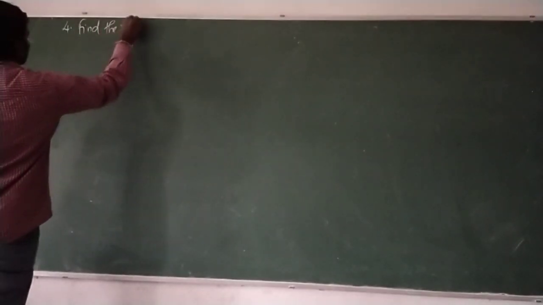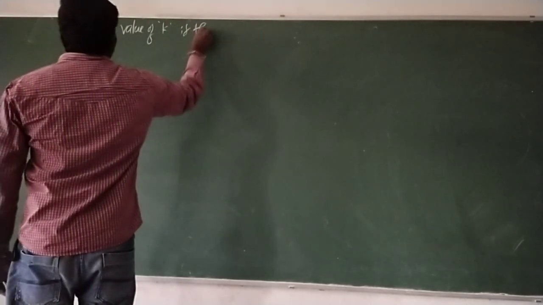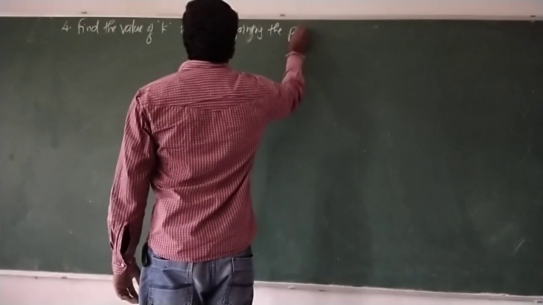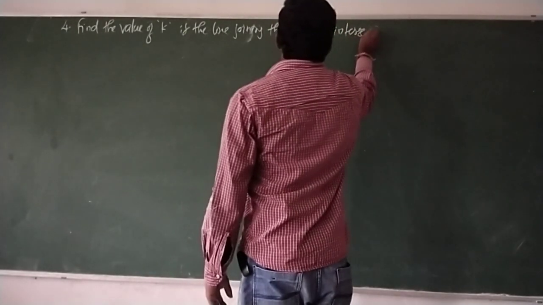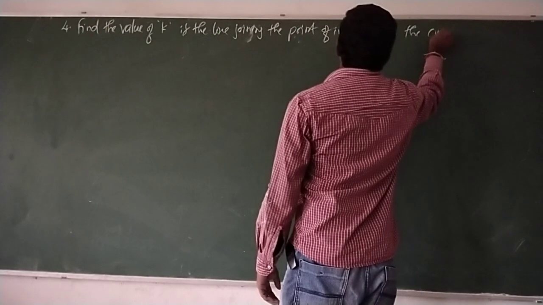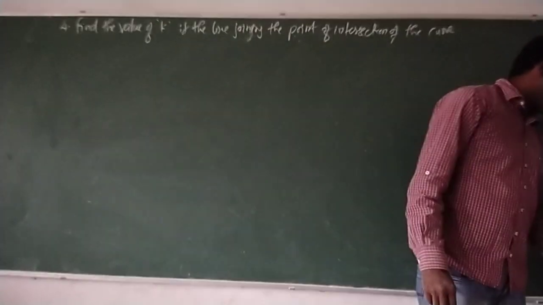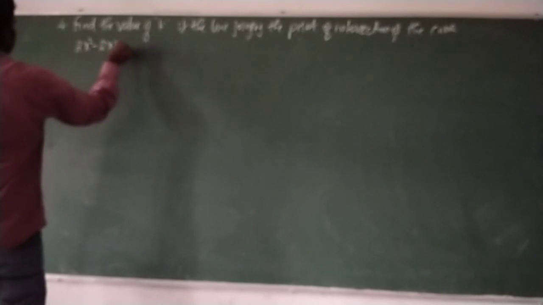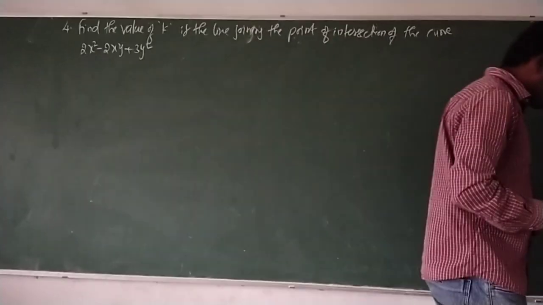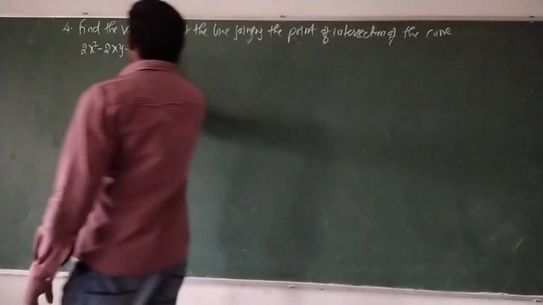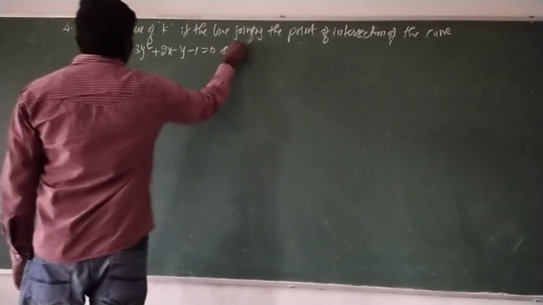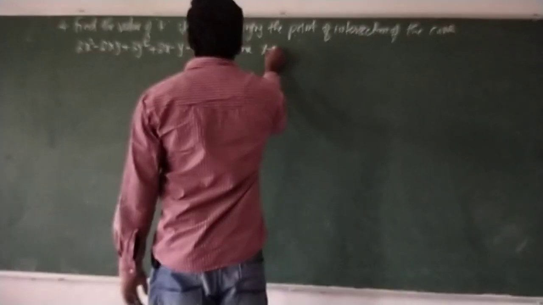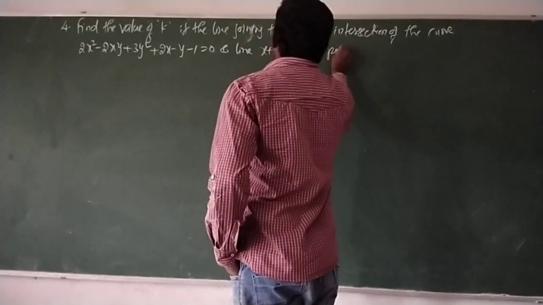Find the value of k if the line joining the point of intersection of the curve 2x square minus 2xy plus 3y square plus 2x minus y minus 1 equal to 0, and the line x plus 2y equal to k, are perpendicular.